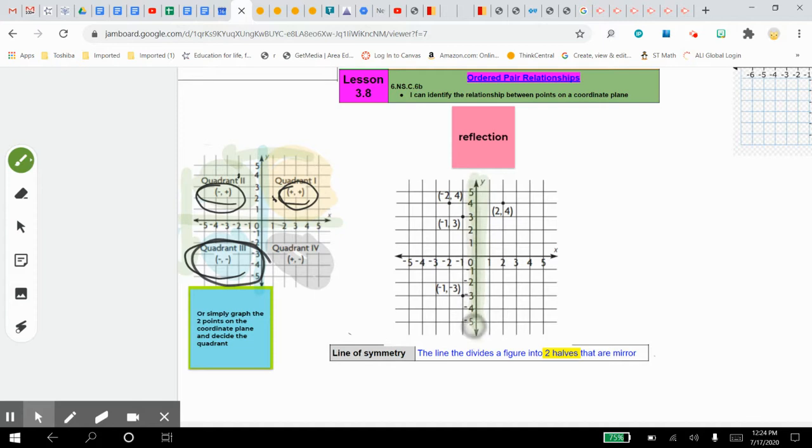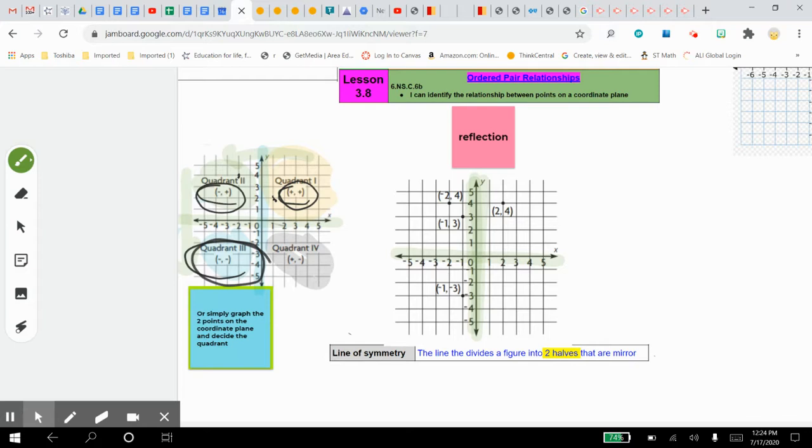So the y-axis right here divides the coordinate plane exactly in half vertically, and the x-axis right here divides it exactly in half going horizontally. Now the two sides have to be a mirror image of each other, like looking at yourself in a mirror. That's what symmetry is. It has to be exactly the same on both sides.